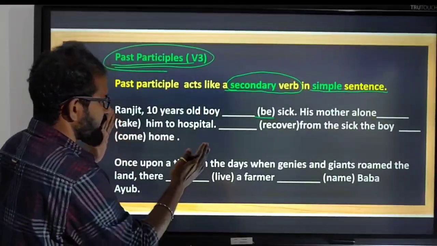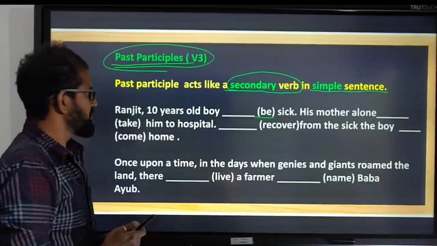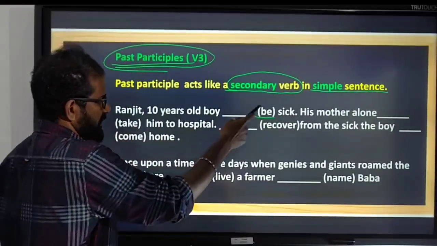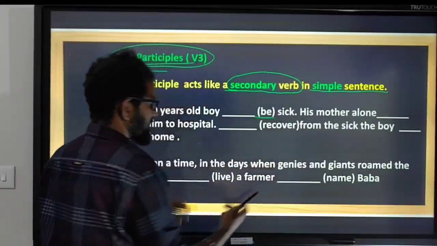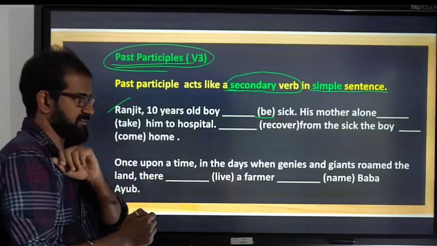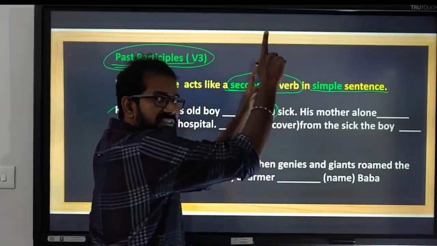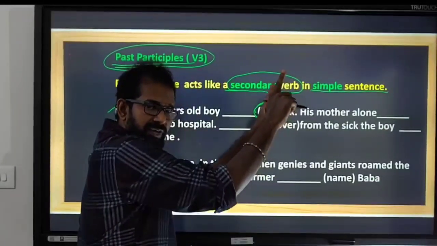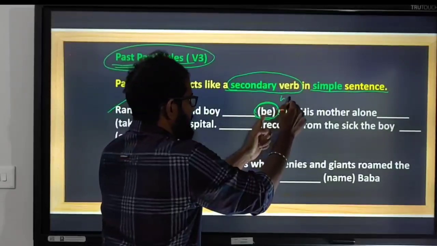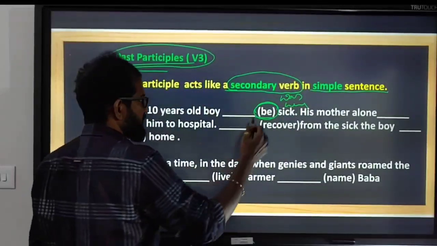Now let us see whether the paragraph is in past or present. So, 10 years old boy sick, his mother alone, so it is past tense. So we need to fill the blanks with the past forms. 10 years old boy, be. The past forms of be are was or were.